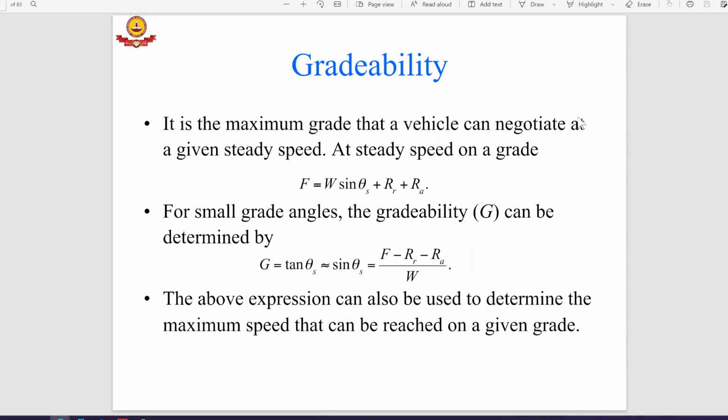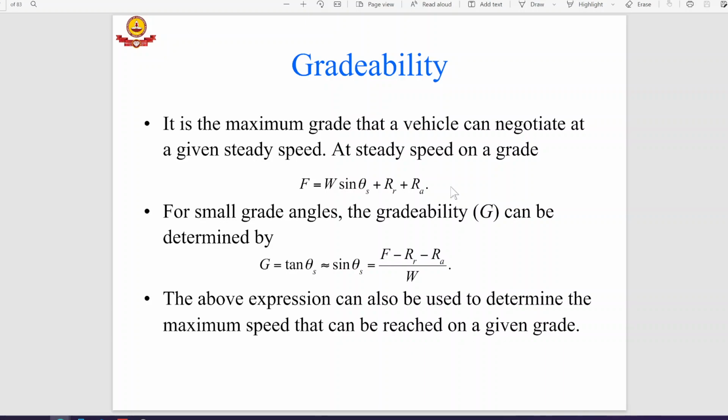Okay, what is gradability? It is the maximum grade that a vehicle can negotiate at a given steady speed. So at steady speed on a grade, the force at the wheels has to overcome the weight component due to the grade, that is W sine theta, the rolling resistance RR, and RA, the aerodynamic drag.